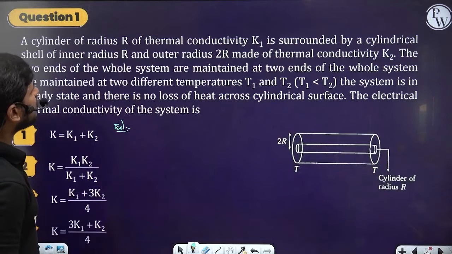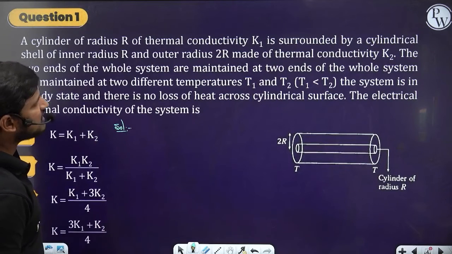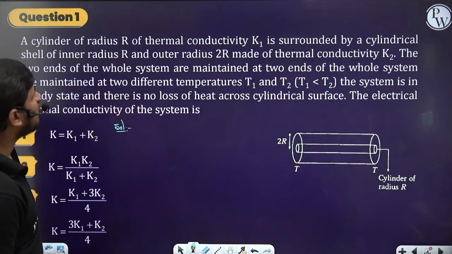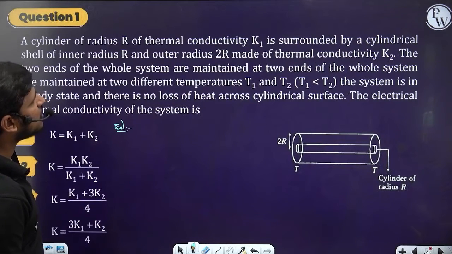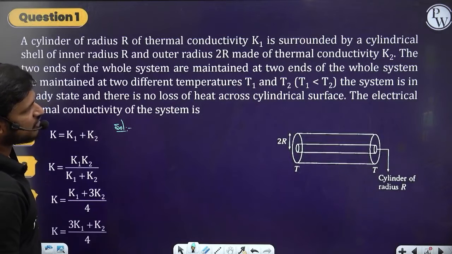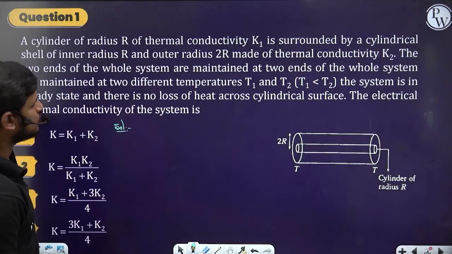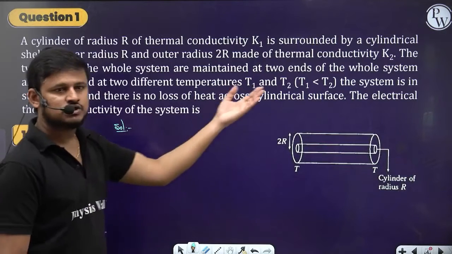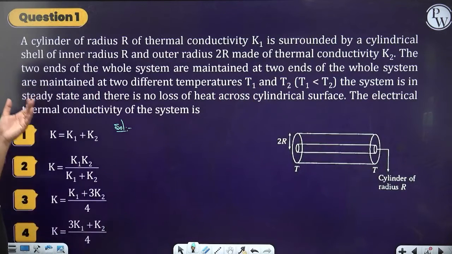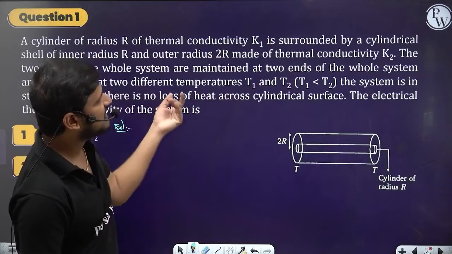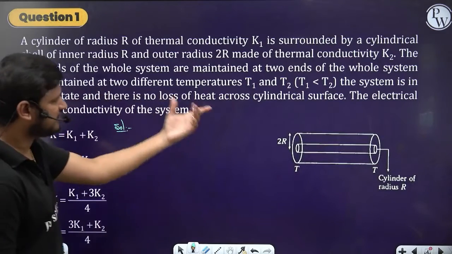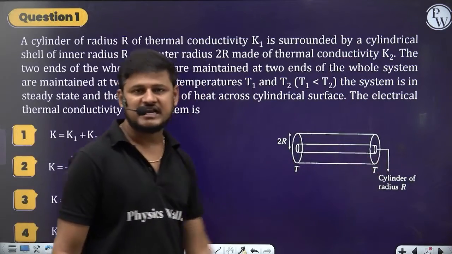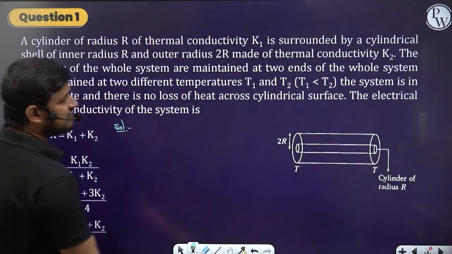A cylinder of radius r of thermal conductivity K1 is surrounded by a cylindrical shell of inner radius r and outer radius 2r made of thermal conductivity K2. The ends of the whole system are maintained at two different temperatures, T1 and T2, where T1 is less than T2.